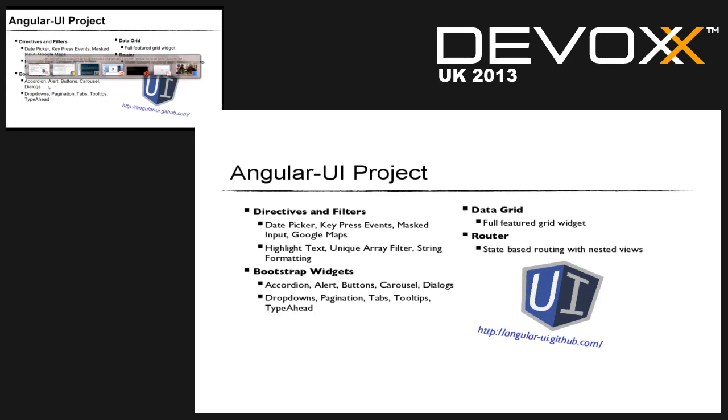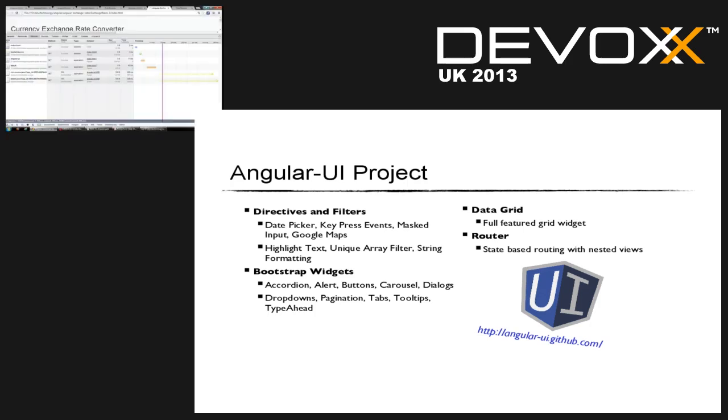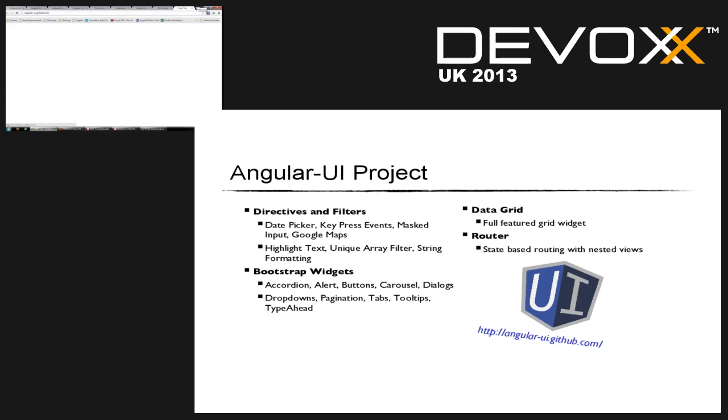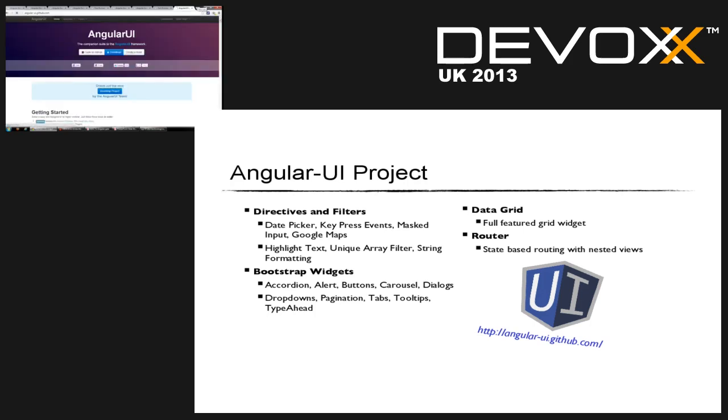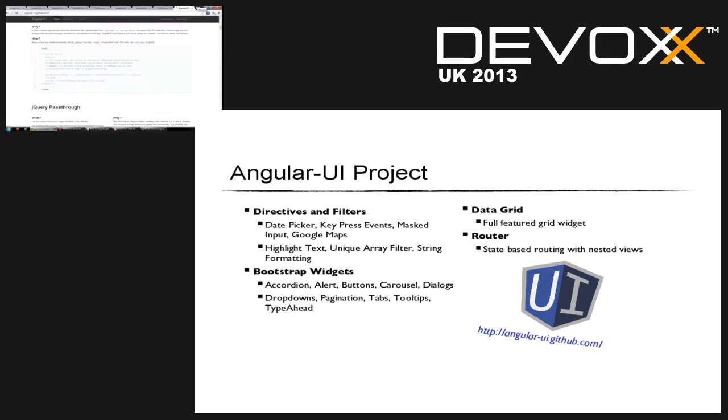So as a quick example, we've got things like a Google Maps widget. And for this to work, we have things like a UI map info window.